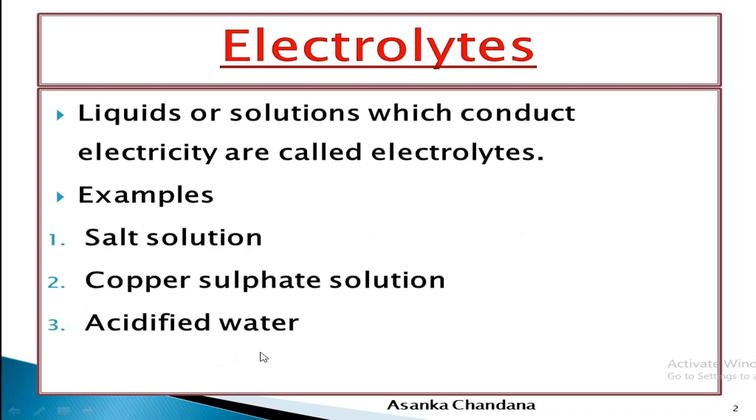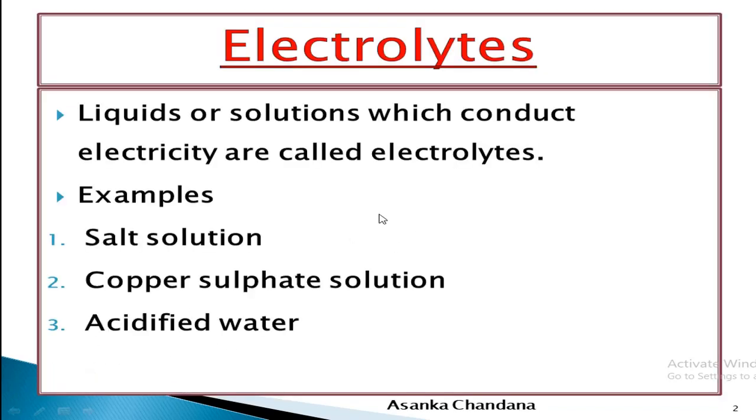Next one, acidified water. Water mixed with a few drops of acid is called acidified water. This acidified water is also able to conduct electricity. Therefore, acidified water also belongs to electrolytes.